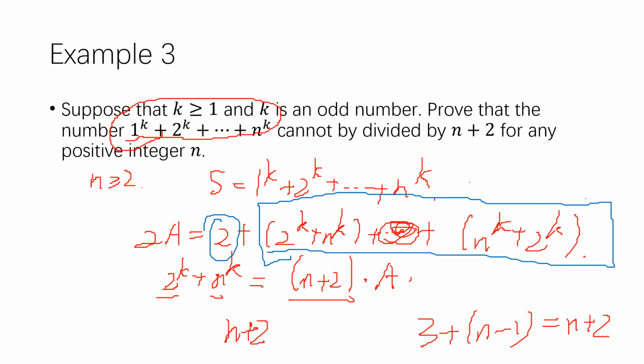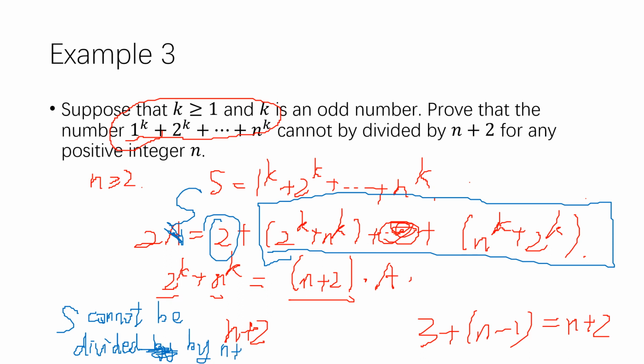Right? Reasonable? Yeah, we shouldn't use a, it's s. Therefore, s cannot be, maybe here it's more proper to say s is not. Good.